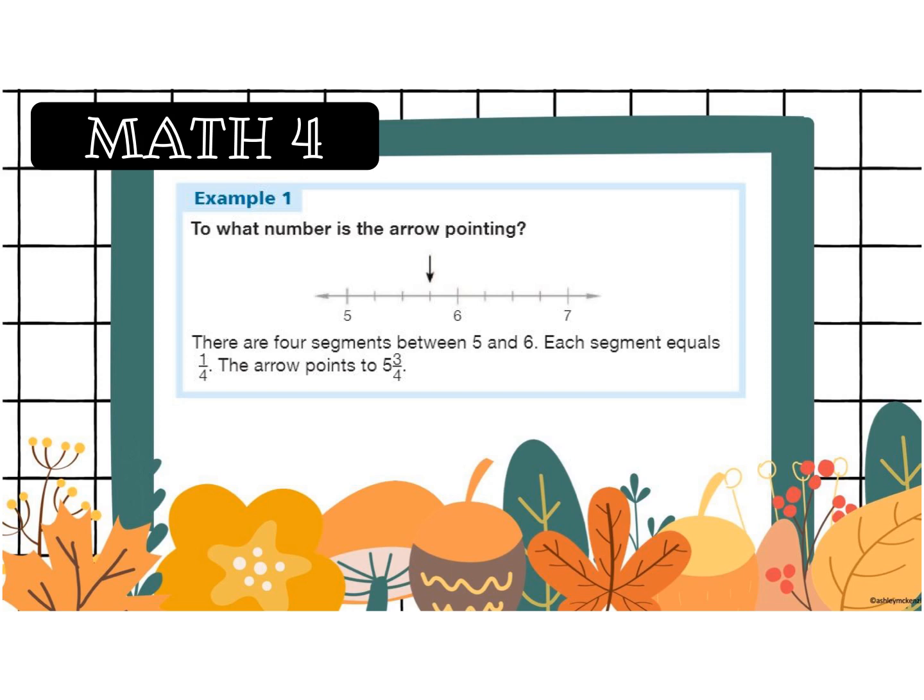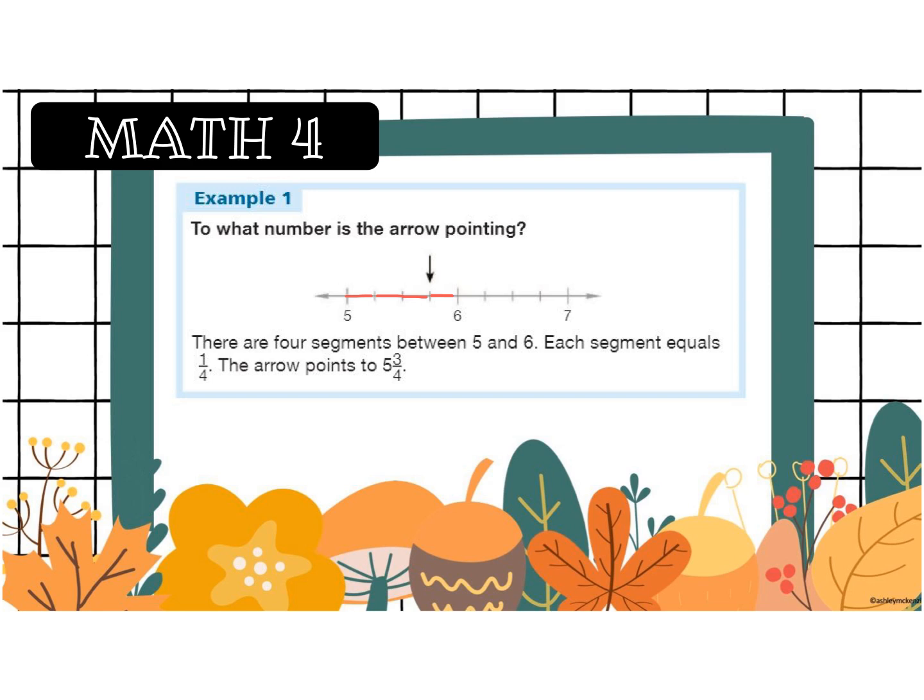Our very first example, it says, to what number is the arrow pointing? I'm between 5 and 6. You've got to look at how many segments are between 5 and 6. So I have a segment here. Here's 1, 2, 3, 4 segments. So it's broken up into fourths.